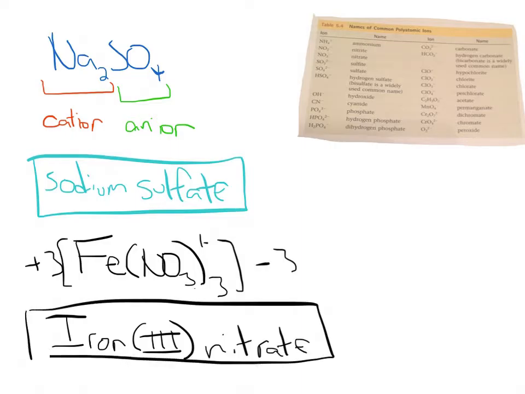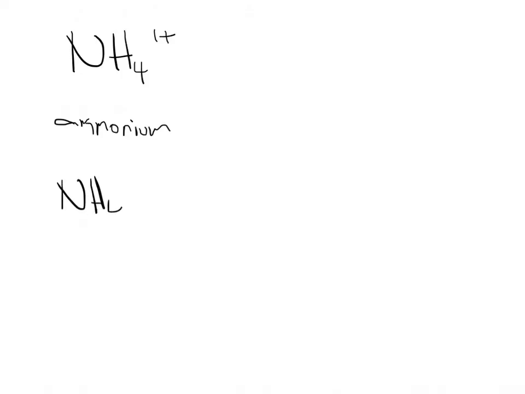Now, there is one cation that is more than 1 atom, and it is this one. It's NH4 and it's a 1+. It's called ammonium. And if it's in a compound, it'll look like this. Let's say it's NH4Cl.